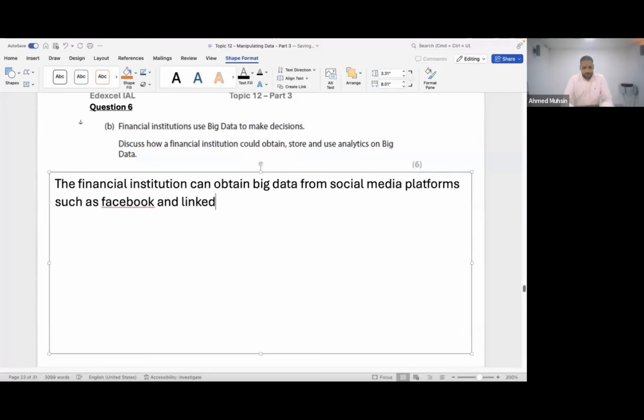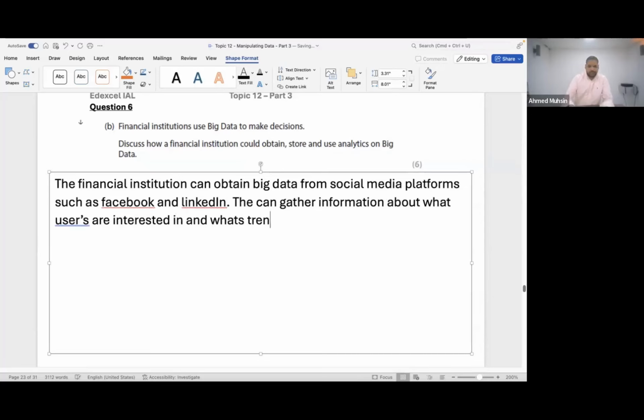They can gather information about what users are interested in and what's trending, for example.